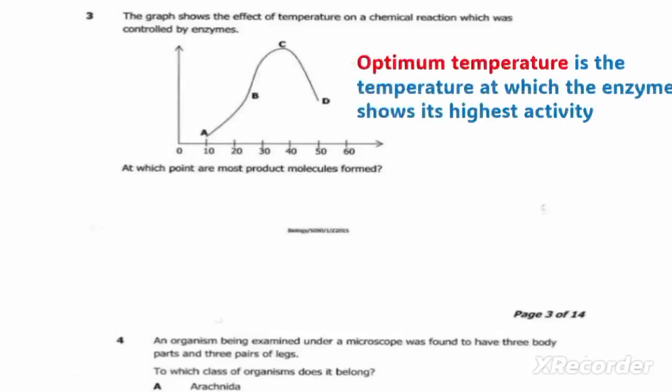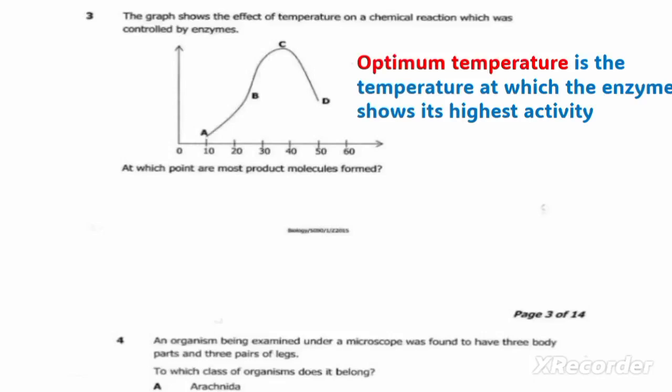We move on to the next question, which is question 3. The question reads, the graph shows the effect of temperature on a chemical reaction which was controlled by enzymes. At which point are most product molecules formed? The most product molecules will be formed at the optimum temperature.